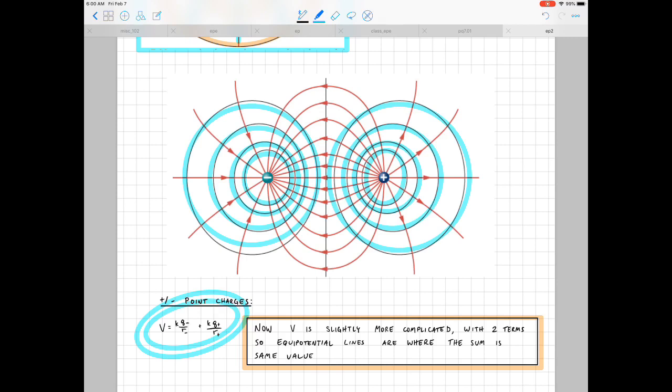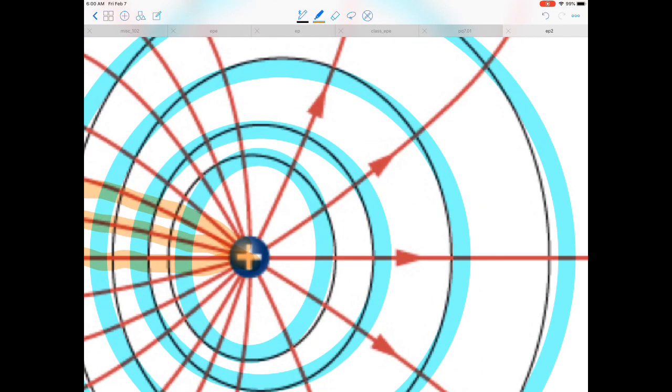You'll also notice that the electric field lines are drawn in here. And again, the same thing as before. So field lines going from the positive to the negative. And we're going to just zoom in on one of these lines over here. And you'll notice that these field lines are, of course, curving.